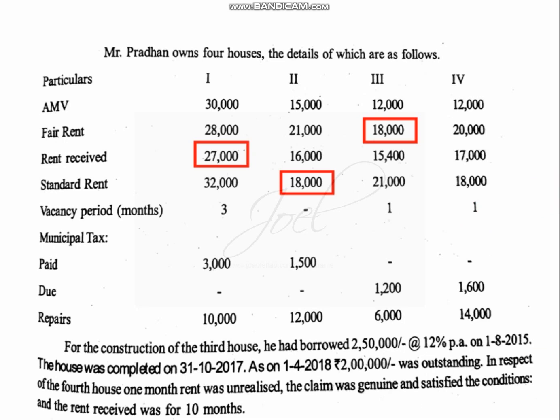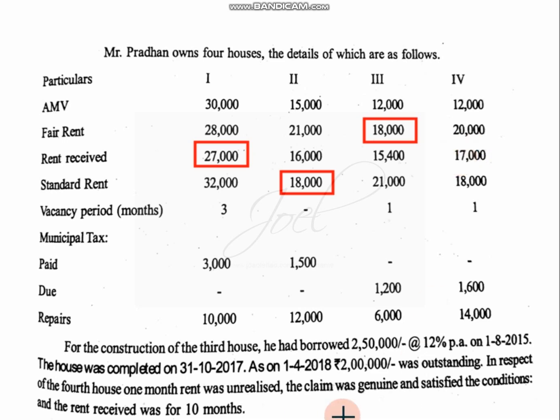See, in respect of the fourth house, 1 month rent is unrealized. That means the person who is sitting in that house had not paid. The claim was genuine and satisfied the condition. So the amount of money received is for 10 months. So this is 10 month rent. 17,000 is the 10 month rent. I have to calculate now.